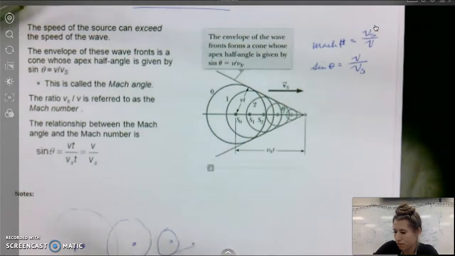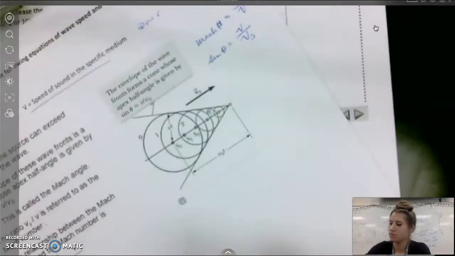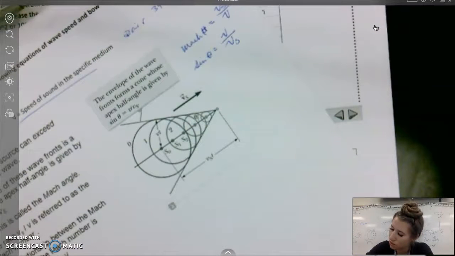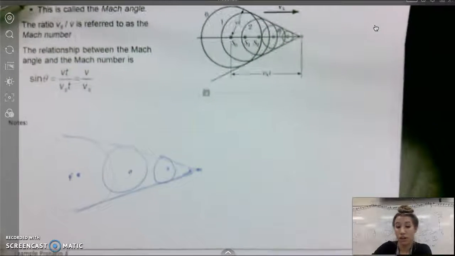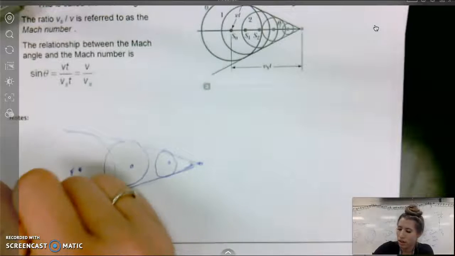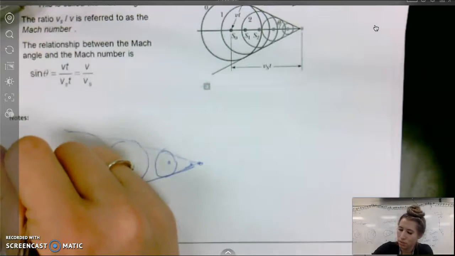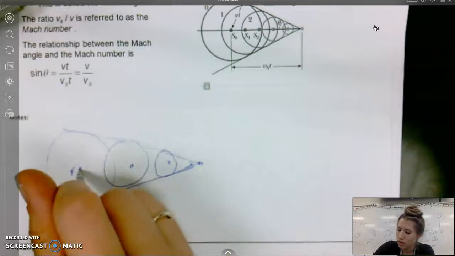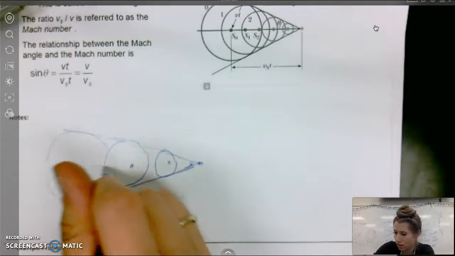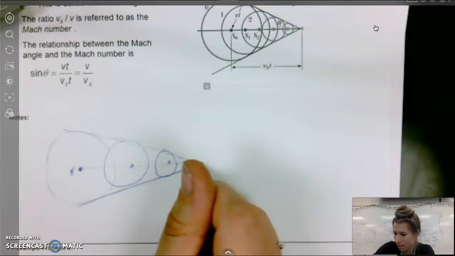And we get our bow wave, right? These dots represented the location of the object, right? And the circle represented the distance traveled by the sound. So this object started here and it ended there.